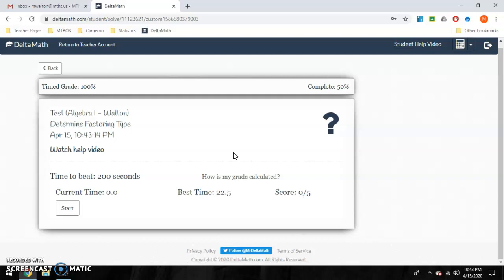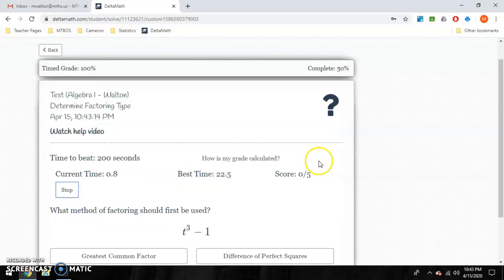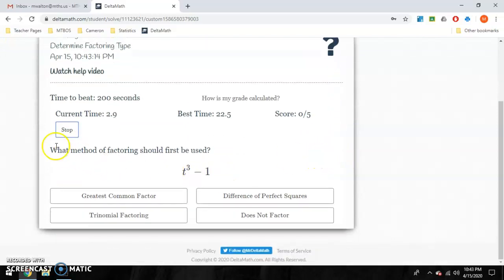So I'm going to go ahead and start with this one to talk about how we do this. I'm going to click start, and I'm just going to talk my way through these. All right, so here's what we have. What method of factoring should first be used? And here are our options. We have greatest common factor. Do these have anything in common? Well, no, this is a t cubed and this is a -1. That one won't work out. Next, difference of perfect squares.